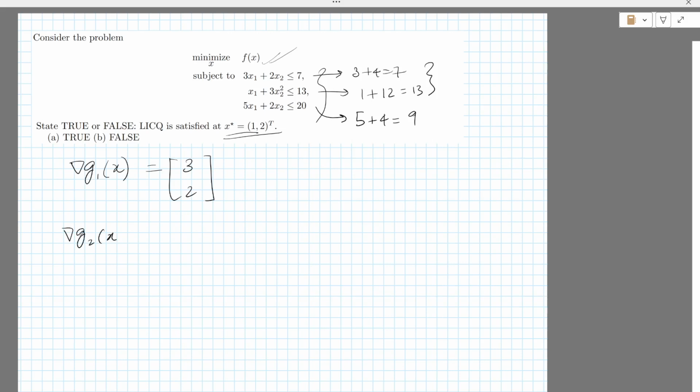Second constraint, I have (1, 6x2), which is equal to, like, the gradient at x star is equal to (1, 12). And you can see they are linearly independent, right?